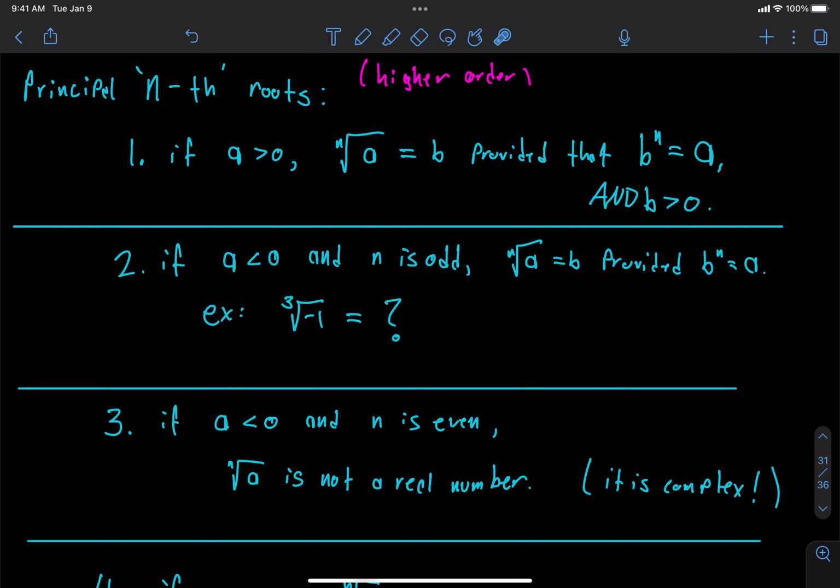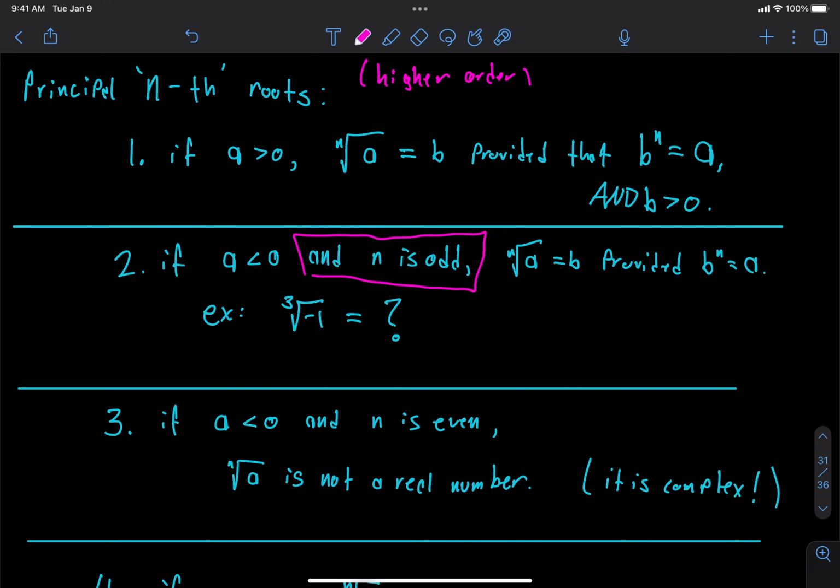So if a is a negative number, and crucially n is odd, then we say that b is the nth root of a provided that b to the n is equal to a.